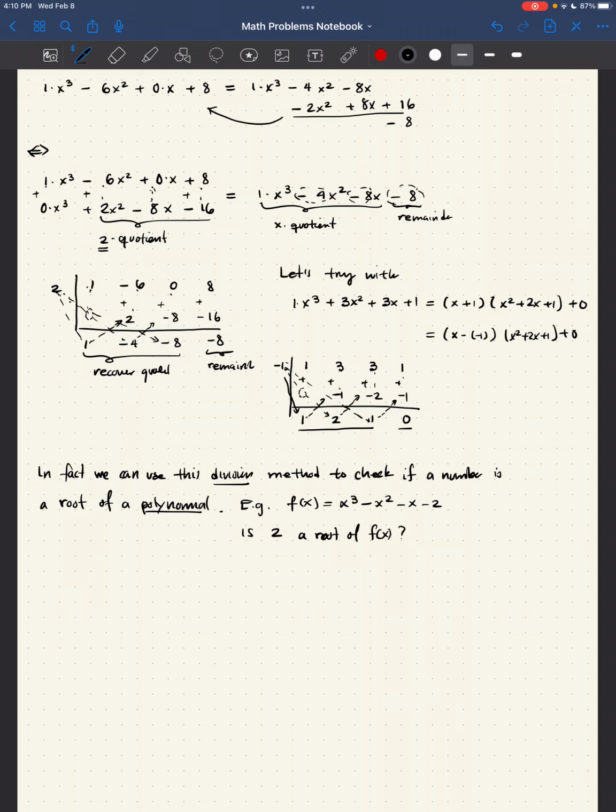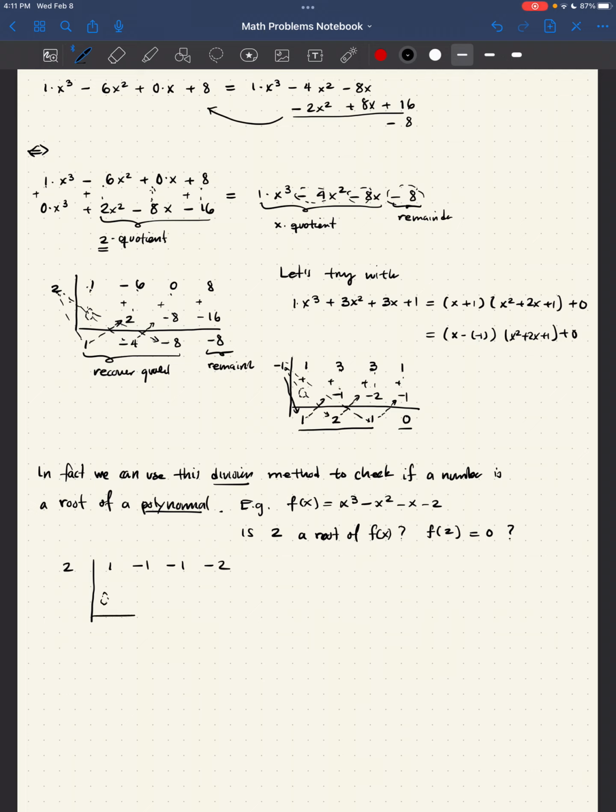In other words, if I evaluate f at 2, do I get 0 back? Well, who knows? But we can use this method. I indicate 2. I indicate the coefficients starting from the largest degree term. So 1, negative 1, negative 1, negative 2.